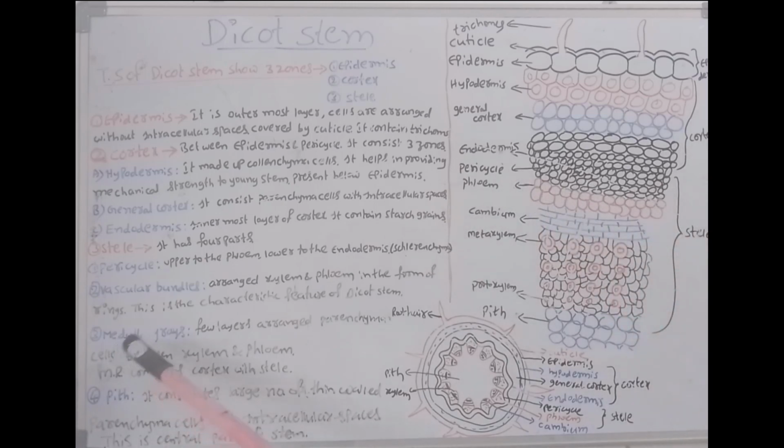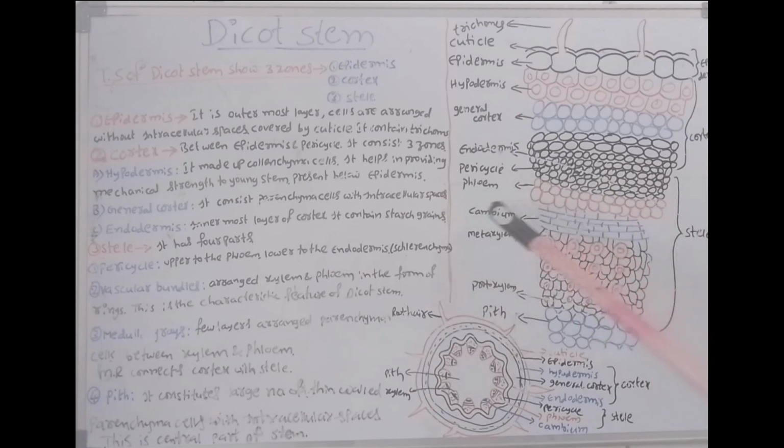Next one, medullary rays. These medullary rays are arranged parenchyma cells between xylem and phloem. See here, this is cambium. This cambium is arranged between phloem and xylem.